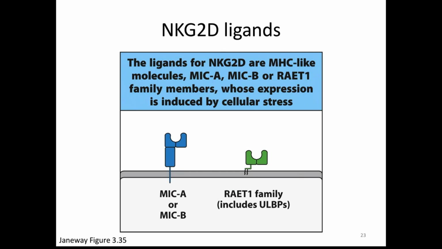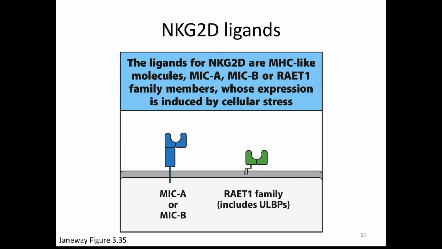So when a cell is stressed, maybe because it's infected with a virus and the virus is taking all of its stuff and it can't do its normal translation because the virus is using all the ribosomes. Maybe because it is a tumor cell that's reproducing too fast. Maybe it's because there's some other problem with the cell. When that cell is under some kind of cell stress, it starts making these cell stress proteins, MIC-A, MIC-B, and RAE1.